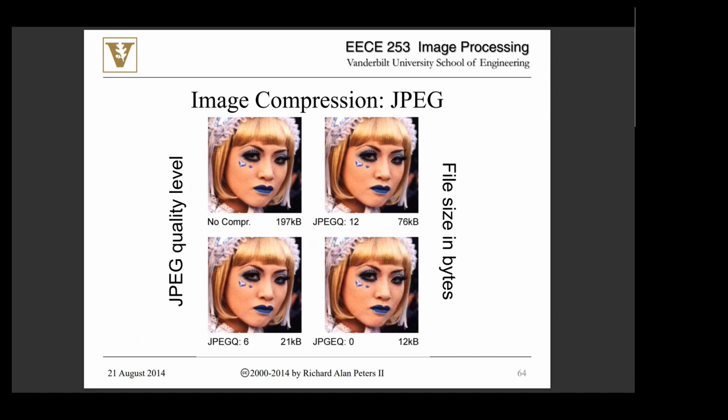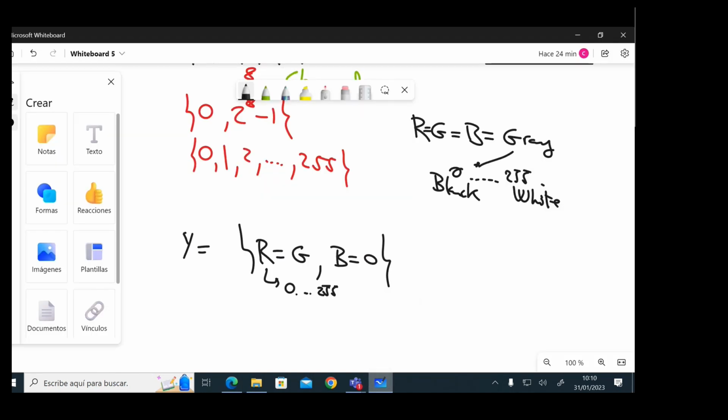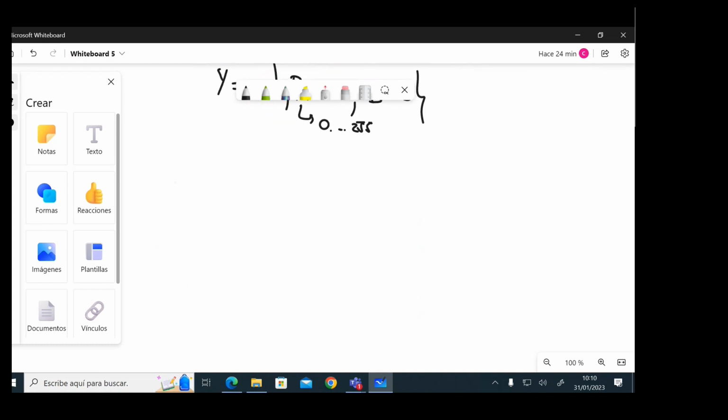So in our course, we will have 3 parts. In general, in image processing, you have 4 parts. In this course, we will cover 3 of them. So there is a problem that you want to solve.